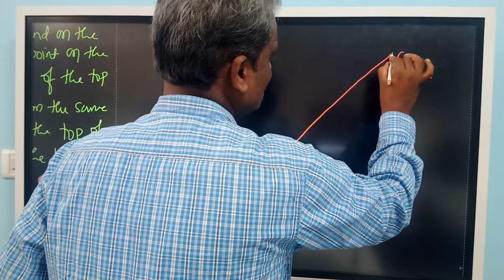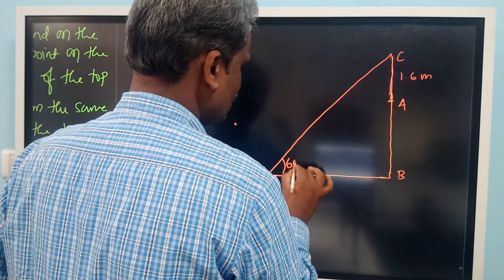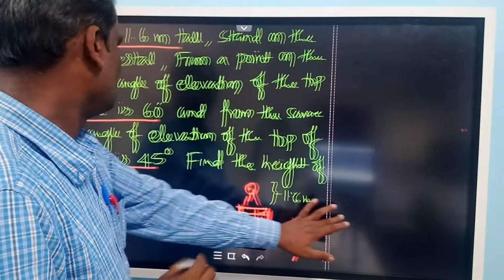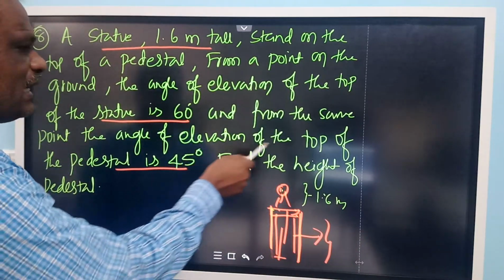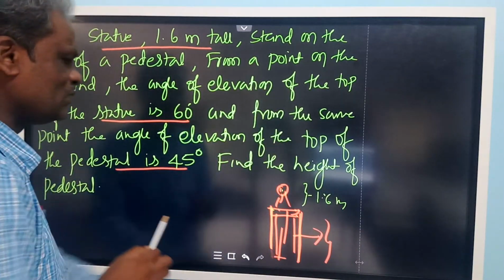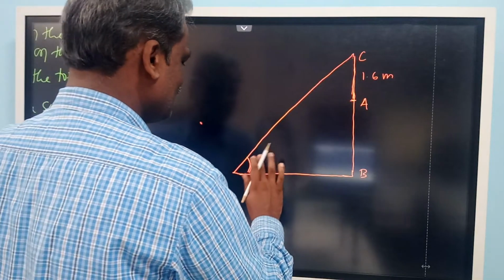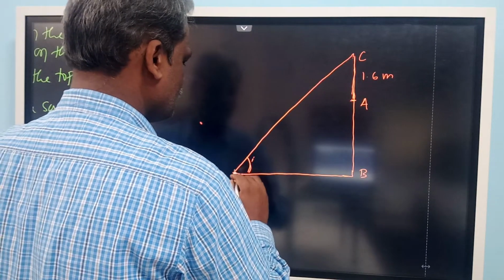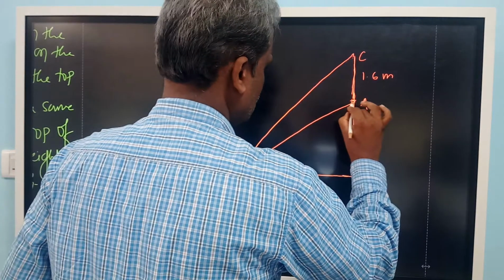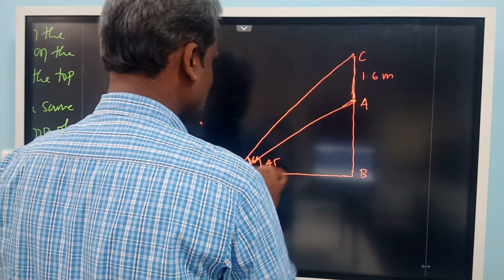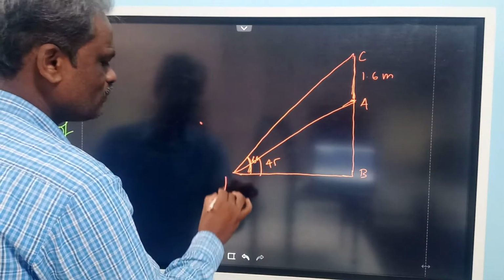If you join this, this is 60 degree. Then again, from the same point, the angle of elevation to the top of the pedestal is 45 degree. This A is the top of the pedestal. If you join, this is 45 degree, and this is 60 degree. So you call it point P.